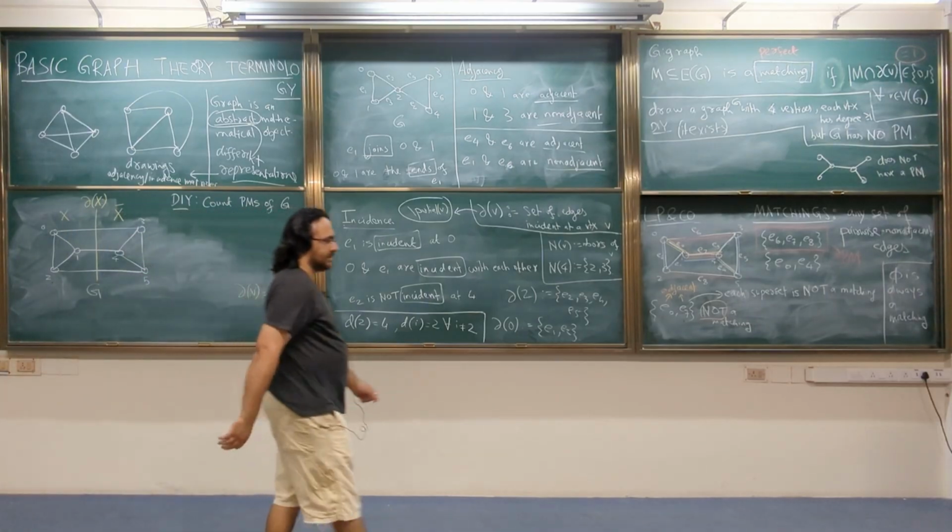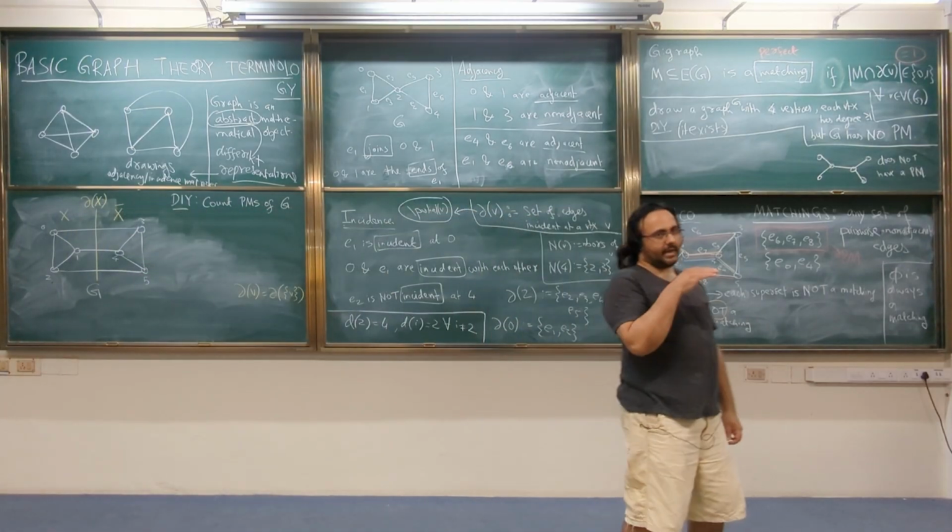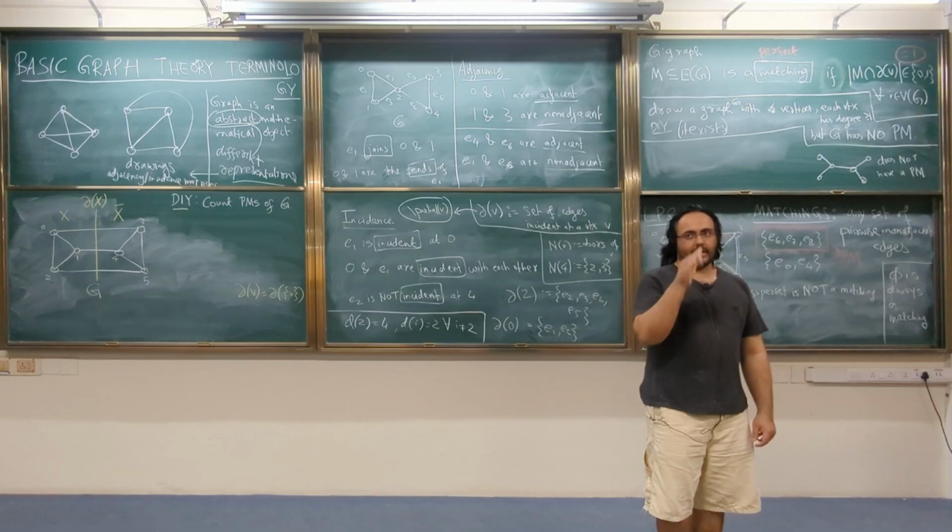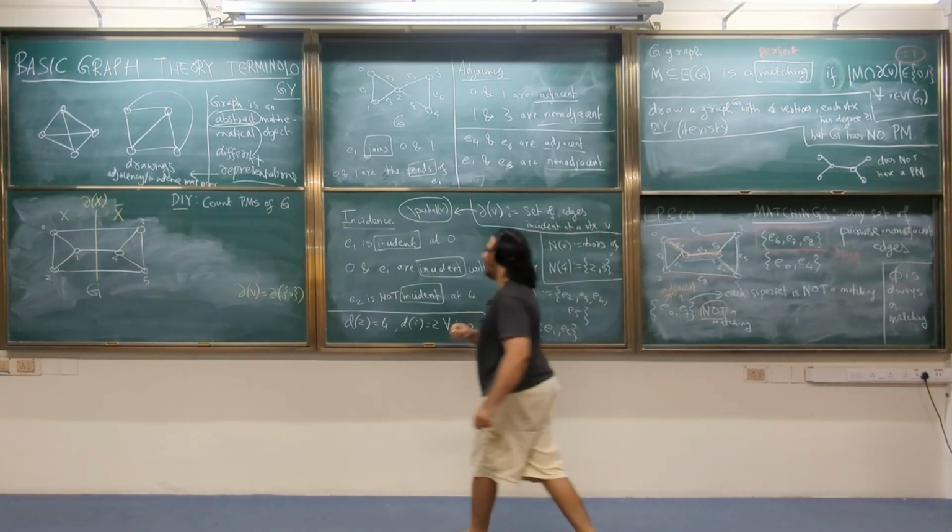X is a set of vertices. Partial of X is all the edges that are having one end in X and the other end in the complement. Let's write down.